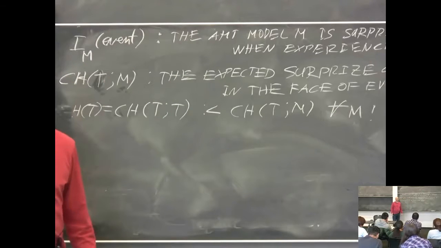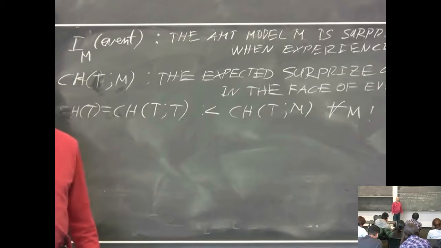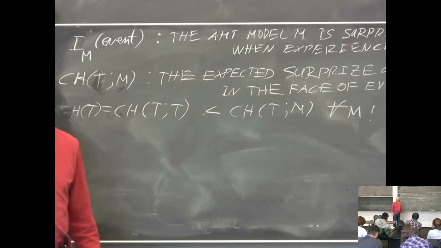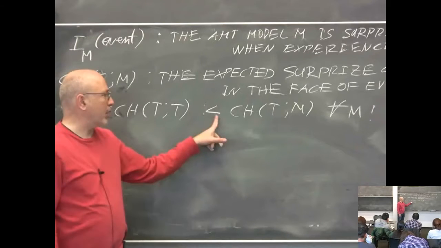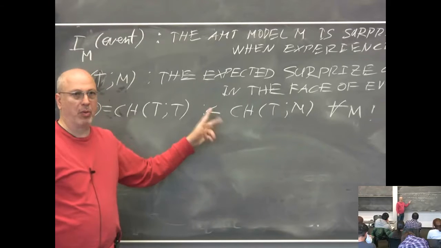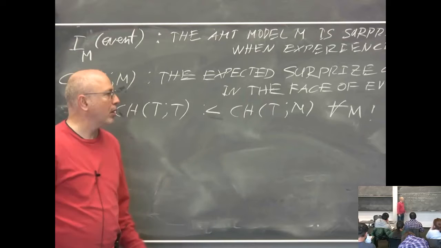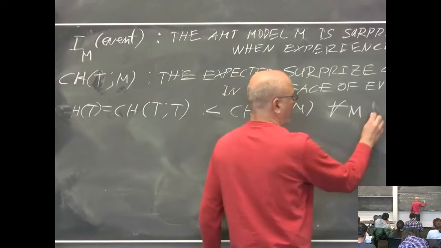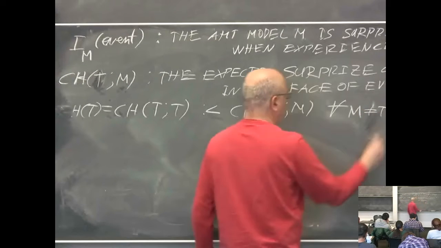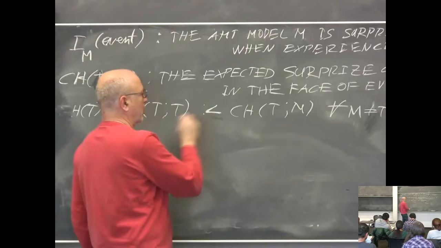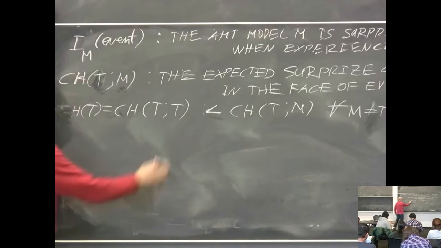That's the fundamental statement here, that the average amount of surprise is lowest when you know the truth. And in fact, it's not equal, it's strictly less. It's only equal if they are exactly the same. So I'll make it for every M not equal to T, and then I can say strictly less.